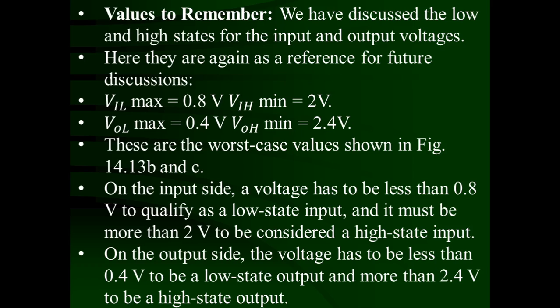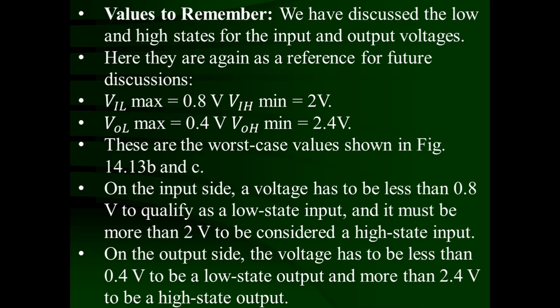VIL maximum is equal to 0.8 volt, VIH minimum is equal to 2 volt. That means any voltage up to 0.8 volt can be considered a valid low state input, and any voltage above 2 volt is considered a valid high state input. Similarly, VOL maximum is equal to 0.4 volt and VOH minimum is equal to 2.4 volt.